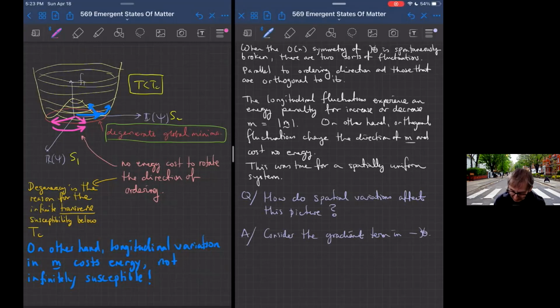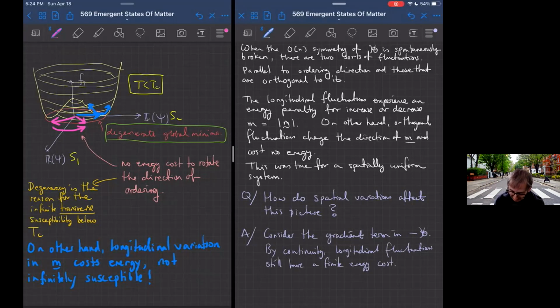So what we expect then is by continuity, the longitudinal fluctuations will still have a finite energy cost. And that finite energy cost will get greater as I increase k, which means I make faster and faster spatial variations.